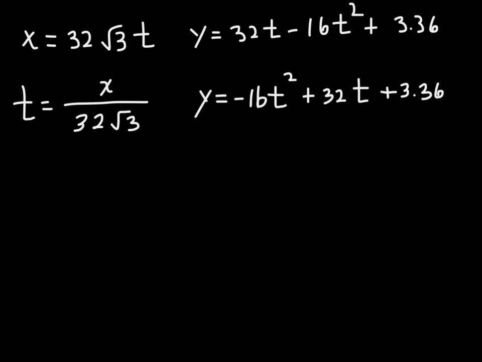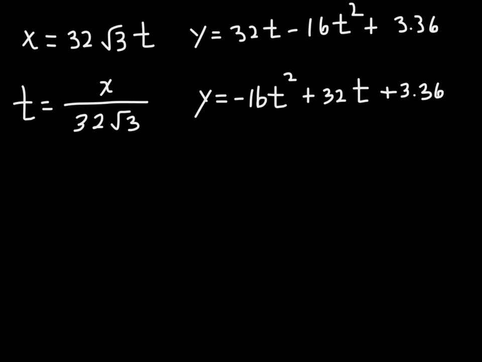I went ahead and divided both sides of this equation by 32 root 3. So t is x divided by 32 root 3. And for this equation, I just wrote it in descending power order in terms of t. So I put negative 16t squared first, and then plus 32t plus 3.36.